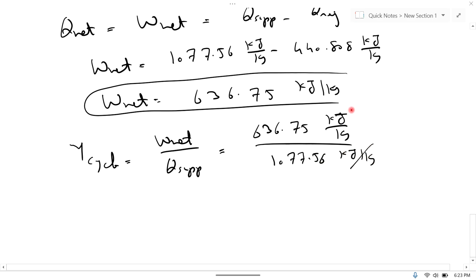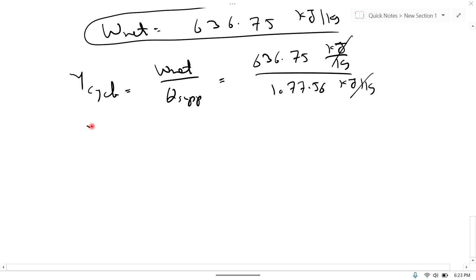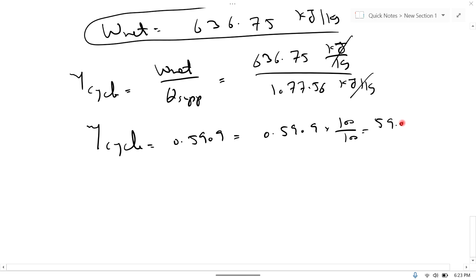This kilojoule per kg will be cancelled, and cycle efficiency is equal to 636.75 divided by 1077.56, which is equal to 0.5909. To find it in percentage, multiply and divide by 100. So multiplying by 100 gives 59.09 out of 100, meaning percent. So cycle efficiency is equal to 59.09%.